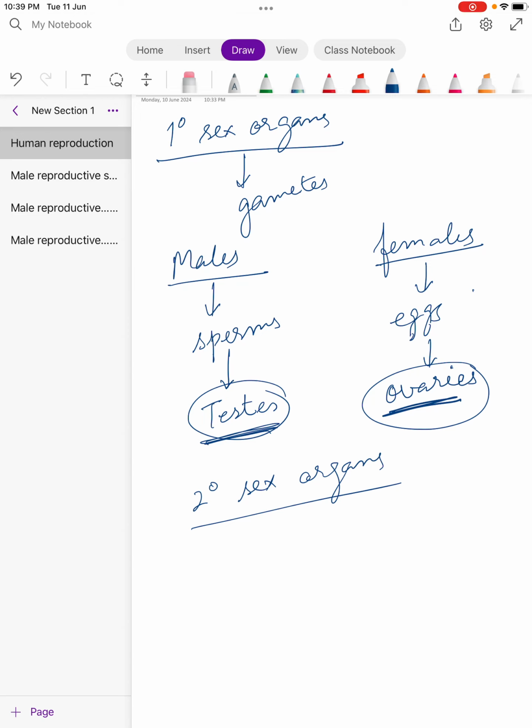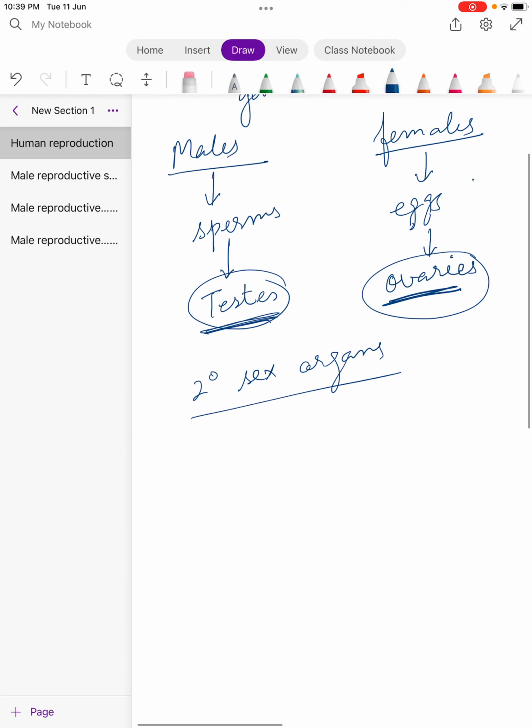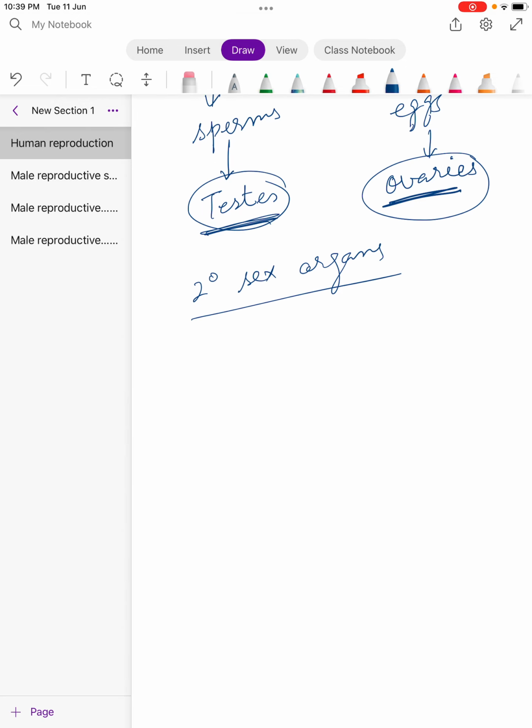The next general term is male secondary sex characters and female secondary sex characters. So basically we can say what are the differences between male and female characters. Let's discuss one by one.